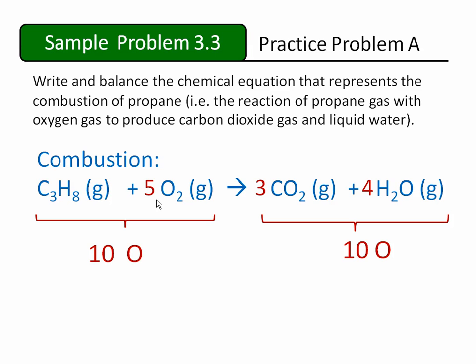We've balanced all the atoms in the equation. We find that the coefficient in front of the propane is 1, that one propane molecule reacts with 5 oxygen molecules to produce 3 molecules of carbon dioxide and 4 molecules of water.